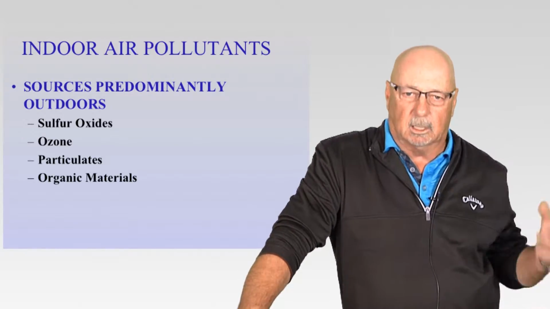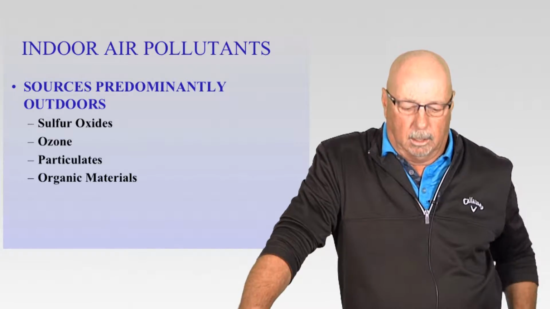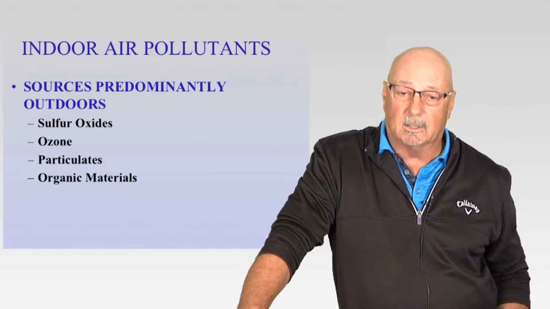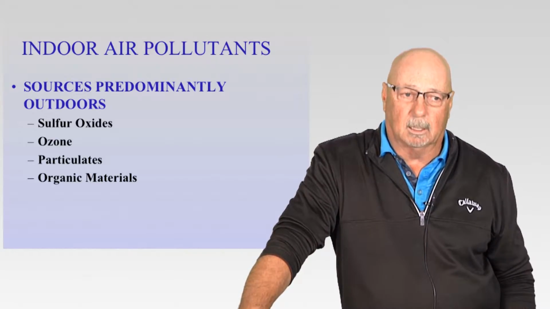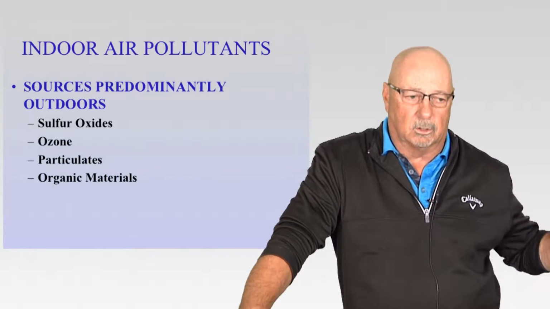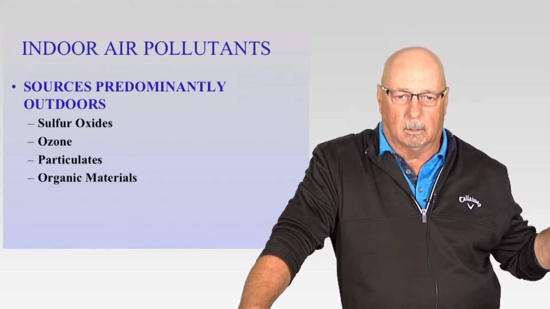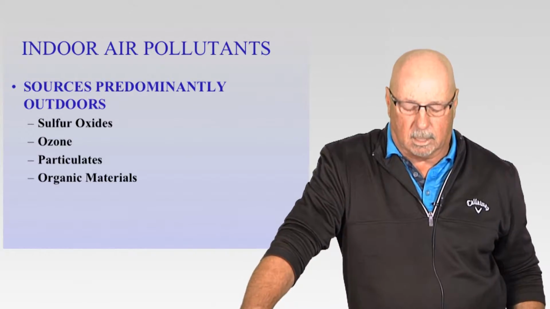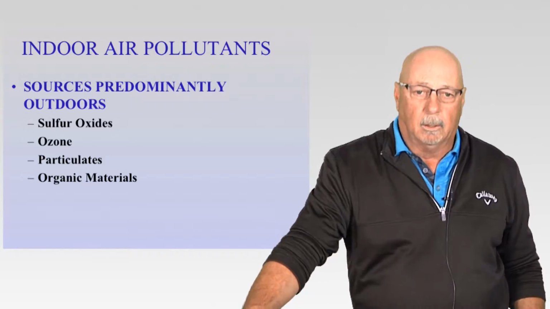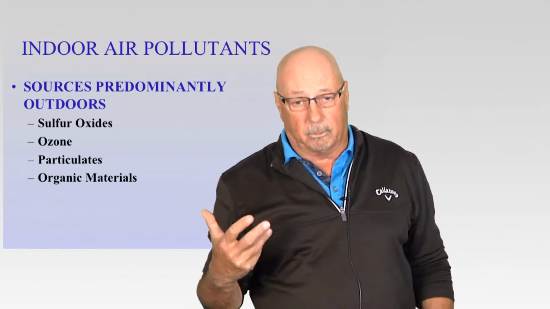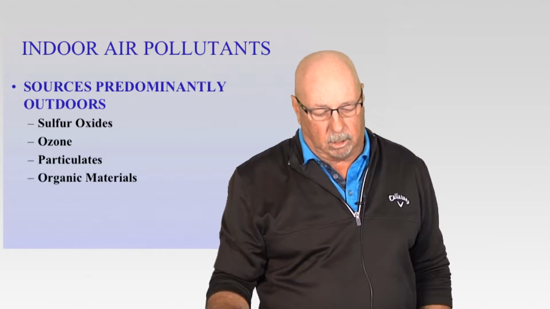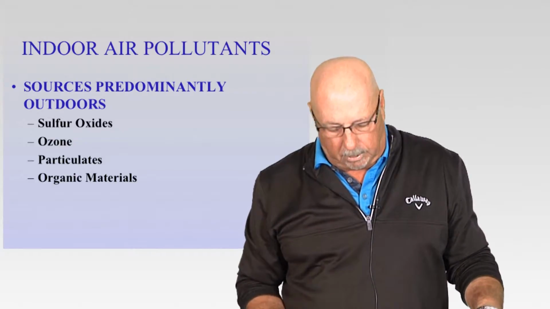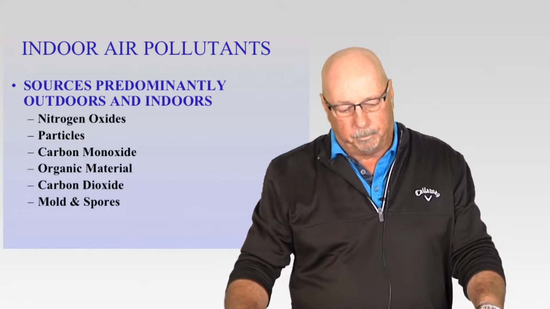Again, ozone is basically just a three-oxygen molecule. It can be generated from a variety of different processes. Particulates: again, people go out and disturb the natural ground area around the building. You generate particulate aerosols that can be captured by the building ventilation system or even brought through windows and doors of the building, entering the building and creating problems. And then a variety of different organic materials could also be generated outdoors.